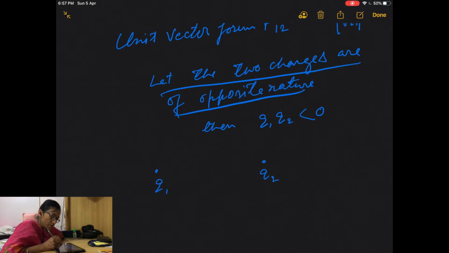Let there be two charges Q1 and Q2, and both are of opposite nature. So obviously, unlike charges attract each other, and the forces will be of this kind. You can show the forces by arrows along the same direction.